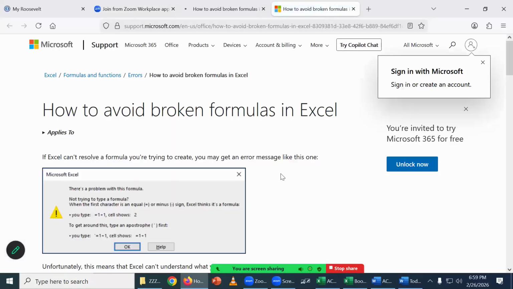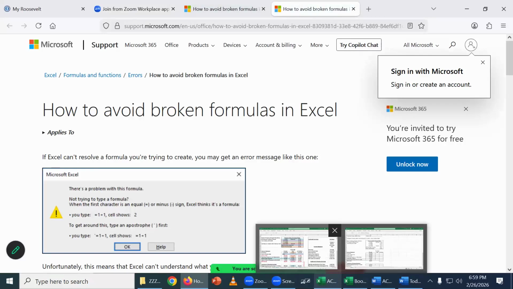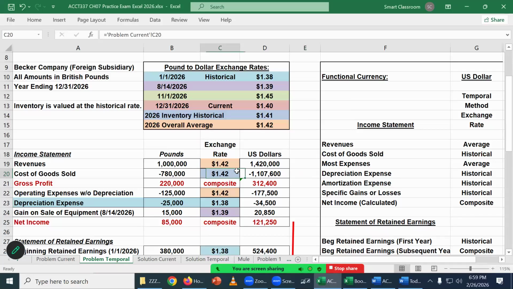No, no. Okay, let me try this one more time. Equal. Why is it going all the way over for that one? Okay.